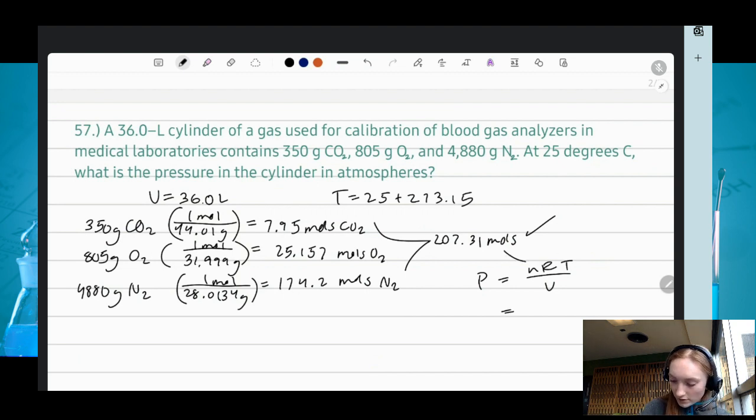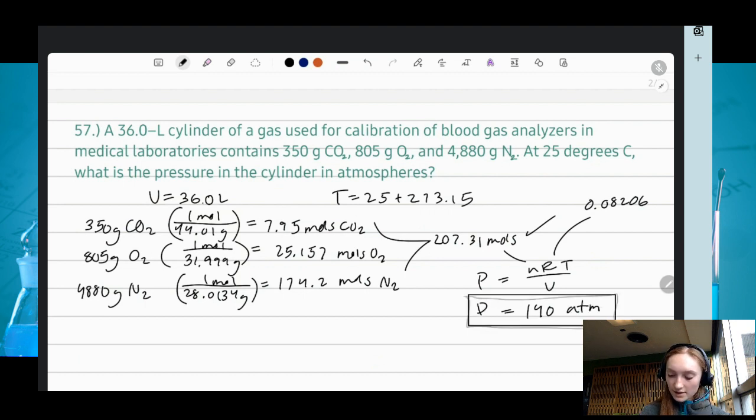The R value is again 0.08206. The temperature we have and the volume we have. I'm just going to tell you the answer that you get when you plug in all those values. It'll be 140 atmospheres of pressure. Because our R constant is in pressure units of atmospheres, that's the pressure that we will get in that unit. So that is how you do that one.